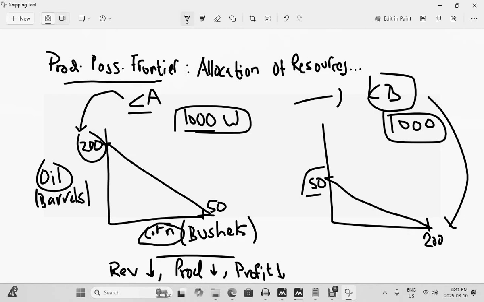What is the trade-off in this equation? The trade-off would be oil, because if you produce 50 bushels of corn, you can no longer produce 200 barrels of oil, because this is a limited resource. The total amount of workers that you may have or can hire is a limited resource.